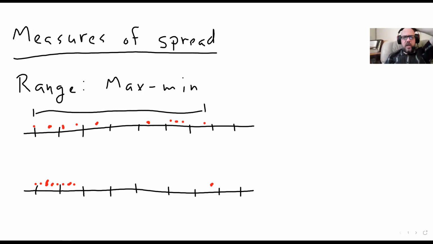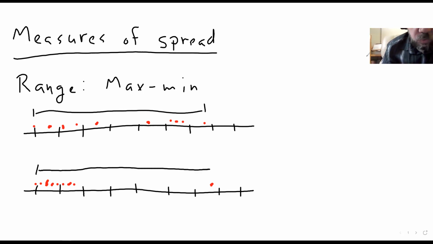You might notice that the range there is the same, right? And it does not do a good job of distinguishing between data sets that look like the top one and the data sets that look like the bottom one, right?